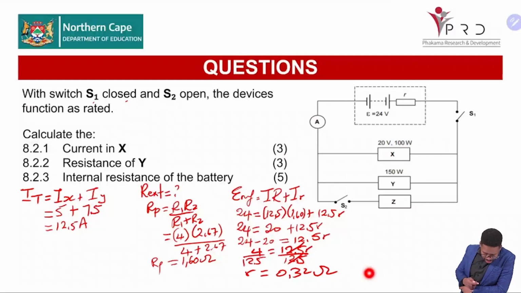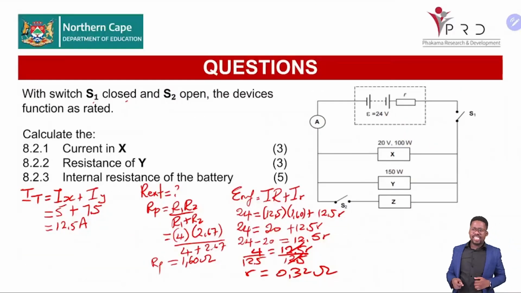The first question is saying calculate the current in X, it is somewhere there. The second question is saying calculate the resistance in Y, it is somewhere there. The next question is saying calculate the internal resistance of the battery, it is somewhere there. So for us to pass this topic, let's analyze.